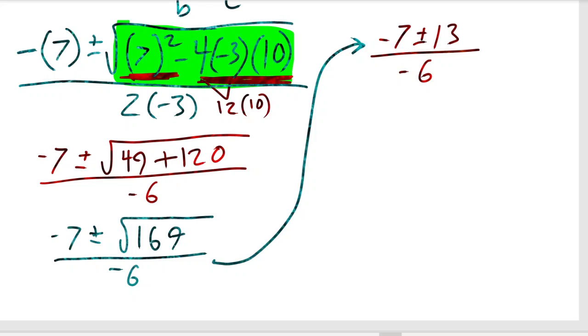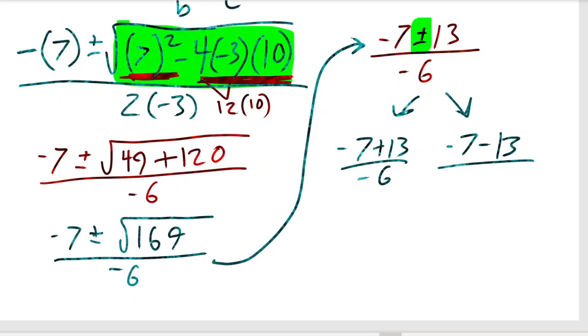And now we're going to deal with that plus or minus sign. So we want to do both of those operations. So we're going to split this into 2 equations, one where we have -7 plus 13 all divided by -6, the other one where we do the negative version, so -7 minus 13 all divided still by -6.